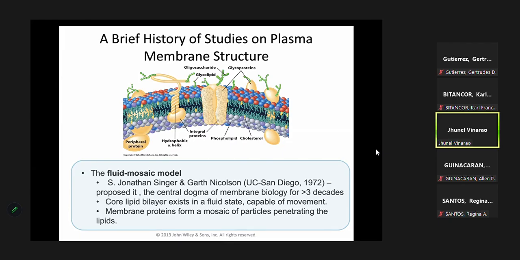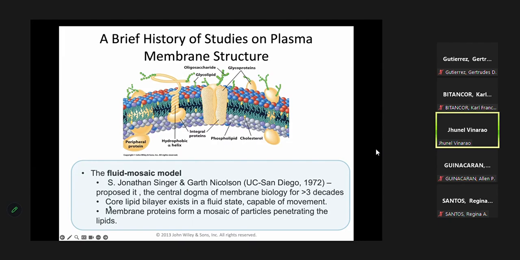Now, the consistency of our membrane is fluid, like olive oil. That is the consistency of the membrane or even the cell itself. So it is not totally solid, and it is also not totally liquid.